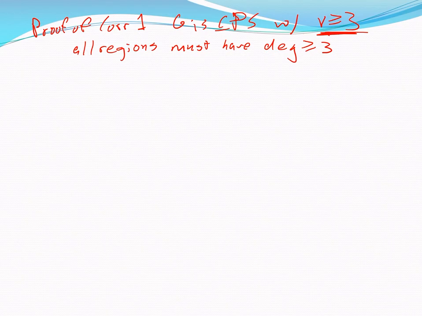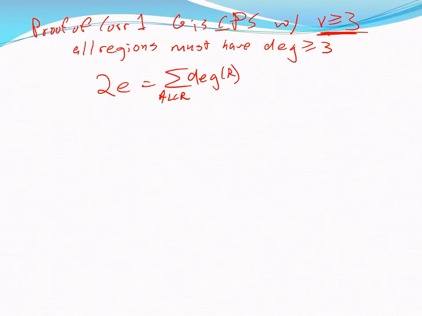So now we can also remember that if we count up the degrees of all the regions, every edge is counted twice. So 2 times the number of edges is equal to the sum over all regions of the degrees of those regions. And since the degree of all those regions is greater than or equal to 3, that number will be greater than or equal to 3 times lowercase r, which is the number of regions that a planar representation of G divides the plane into.